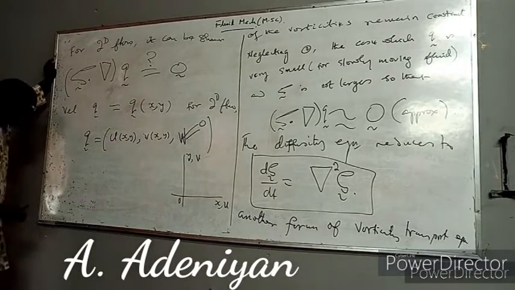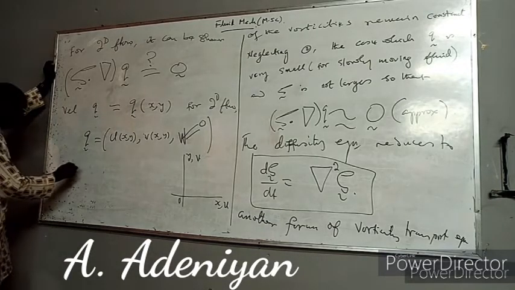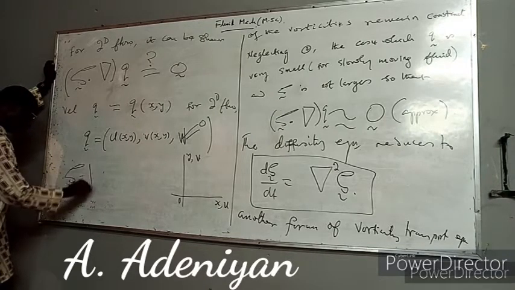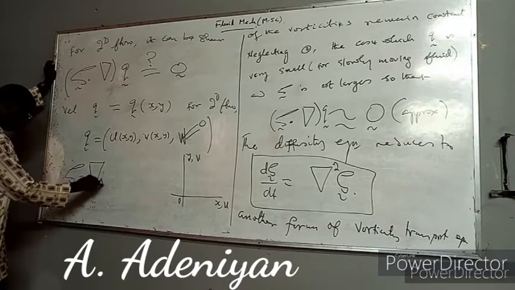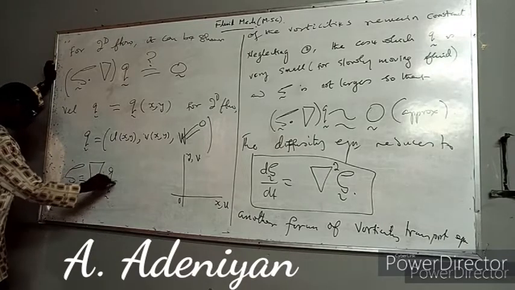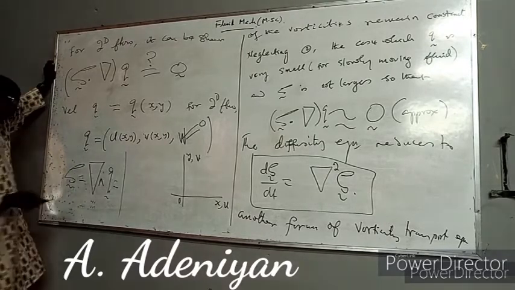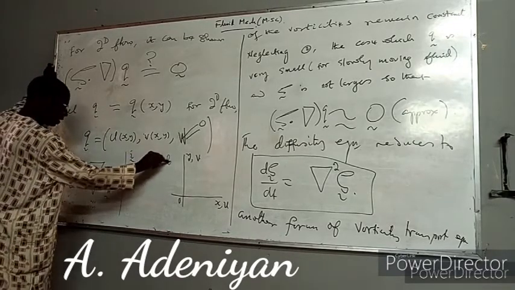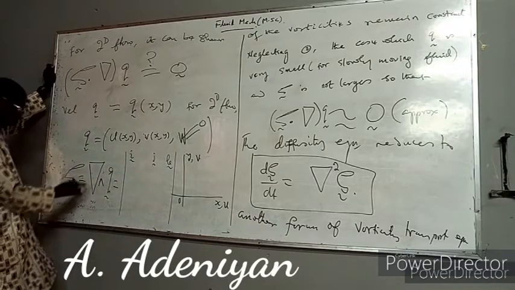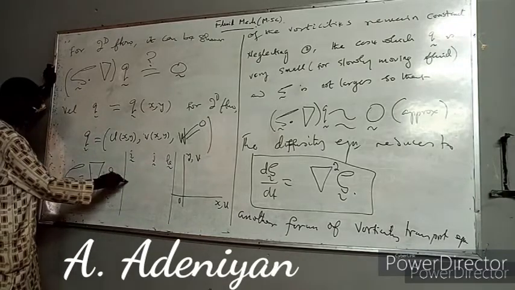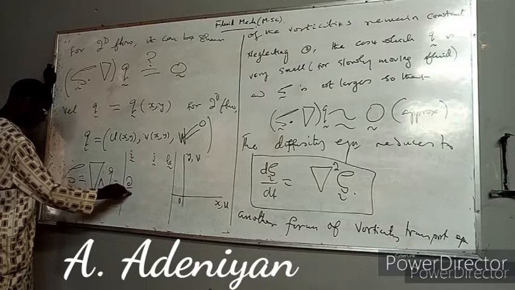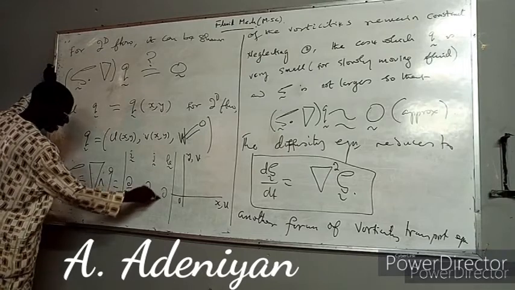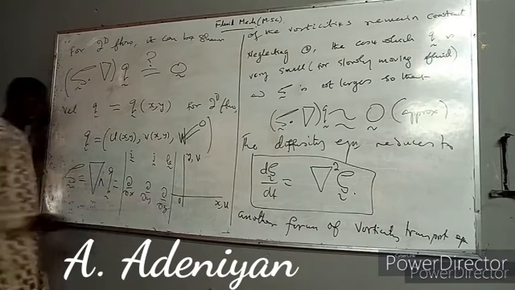So in that wise, the vorticity vector zeta, don't forget, is called curl of q. Let us put it using the determinant notation: i, j, k, and the components of the nabla operator, d/dx, d/dy, d/dz.